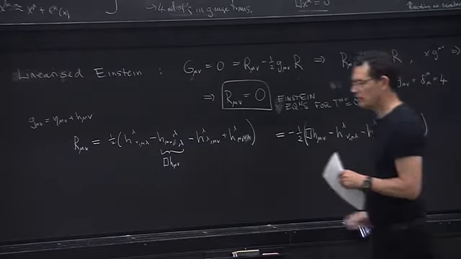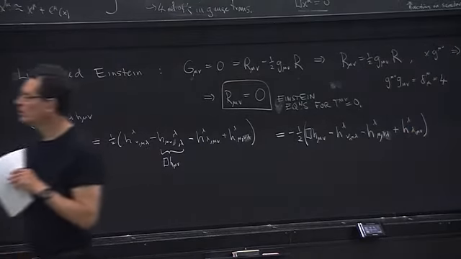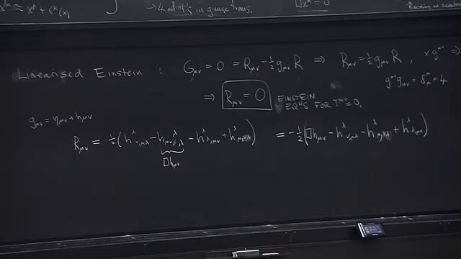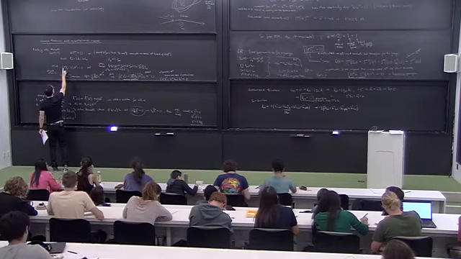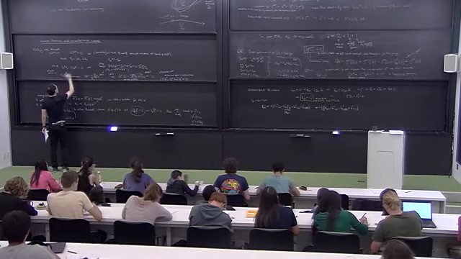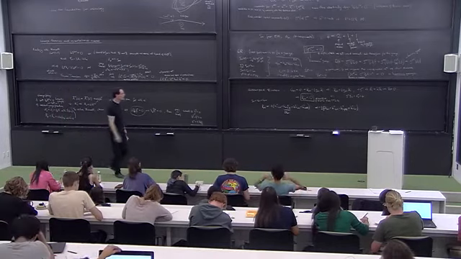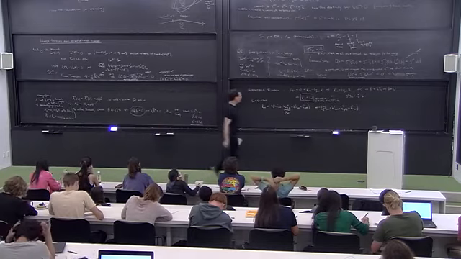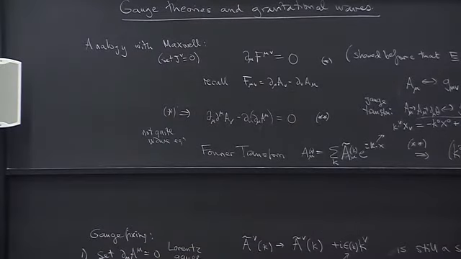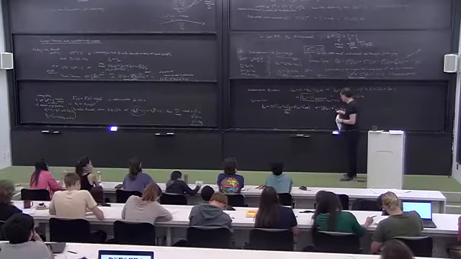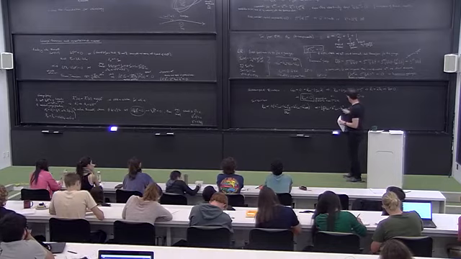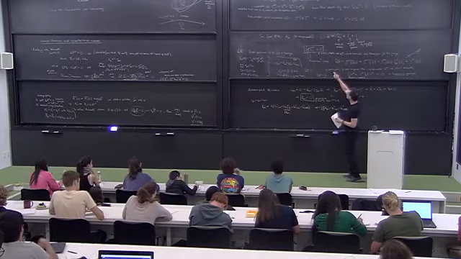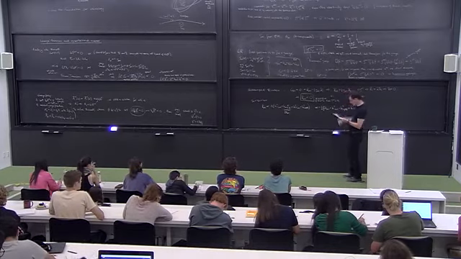So there's some kind of garbage here, which is very like this garbage term in Maxwell. There we had box A, and then we had the nasty term. So in general relativity, we have box h mu nu, and then we have a nasty term. And all we do to fix the gauge is get rid of the nasty term. It turns out that this is 0 precisely when I impose this harmonic gauge.